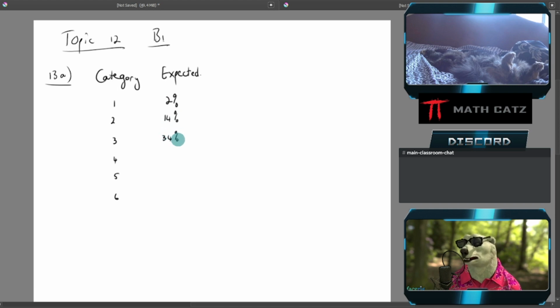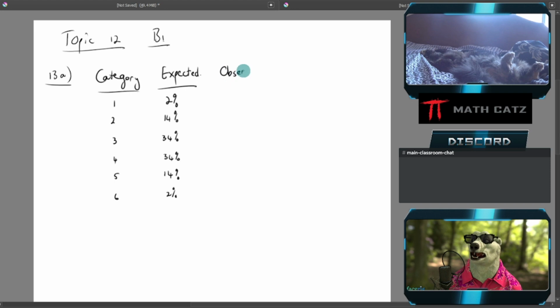So here we have 6 categories, and each one has its expected frequency, giving us the distribution over these categories. These percentages might look familiar to you, but it really doesn't matter for this.